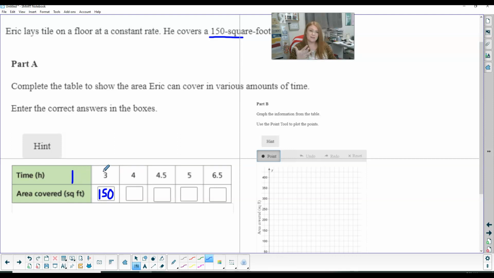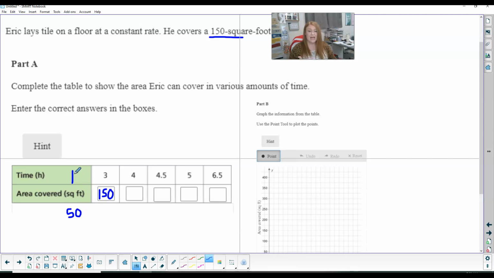Let's ask ourselves, how do we get from 3 to 1? Well, we divided by 3. So what do we need to do to this? Divide it by 3. So 150 divided by 3, 3 goes into 15, 5 times, is 50.